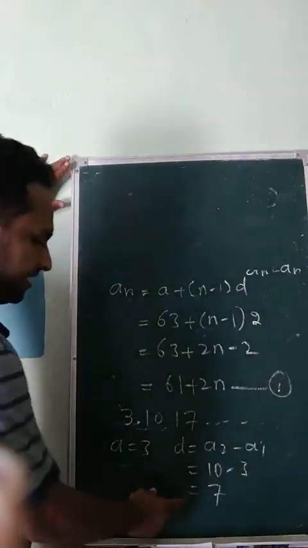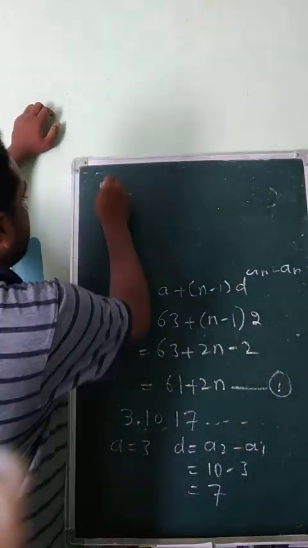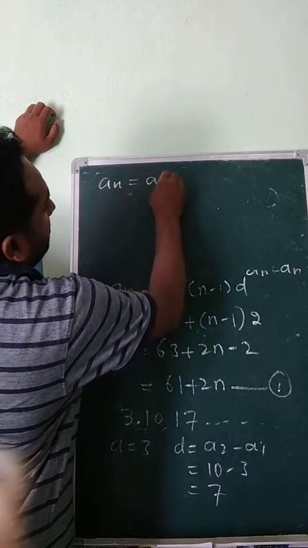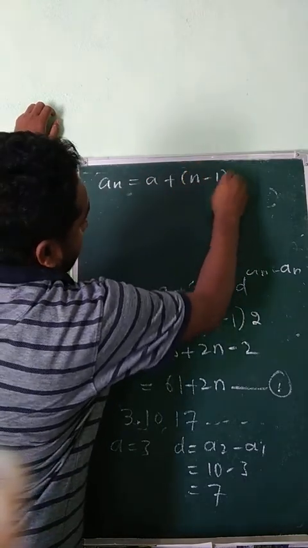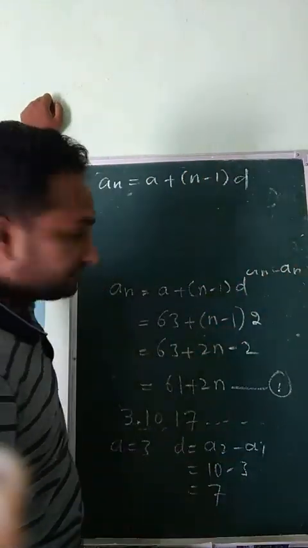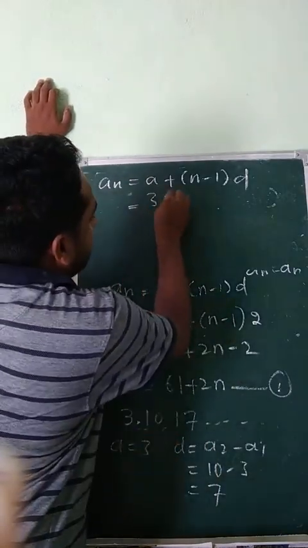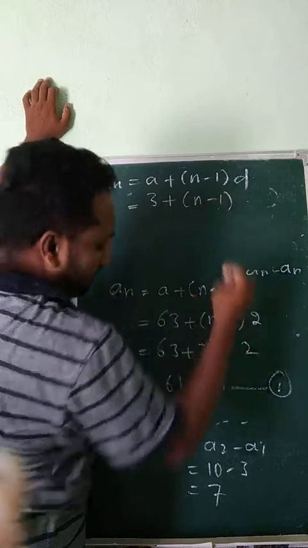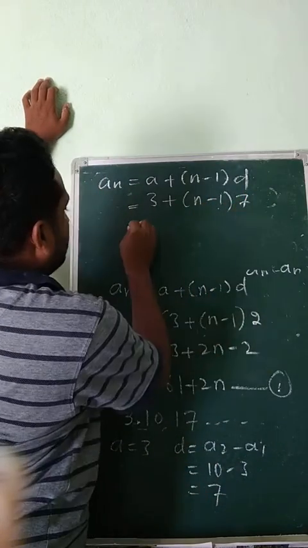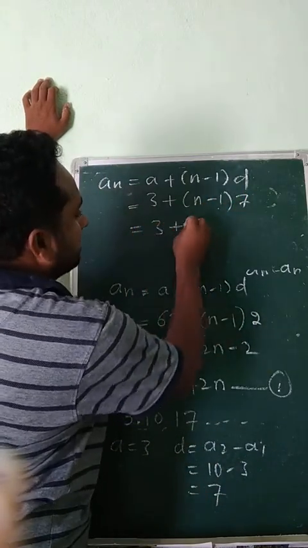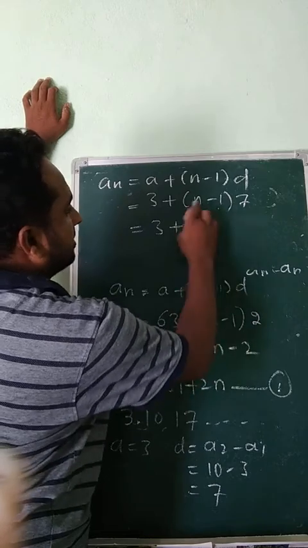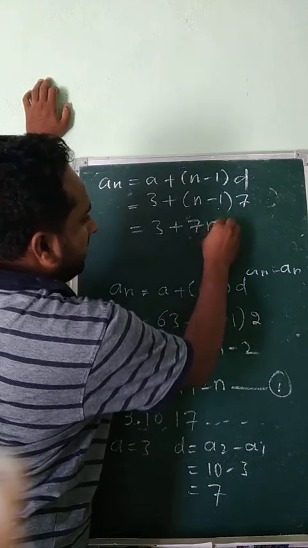Now find the nth term of this second AP: an is equal to a plus (n minus 1) into d. Clear? Then the first term 3 plus (n minus 1) into the common difference 7 is equal to 3 plus 7n minus 7.